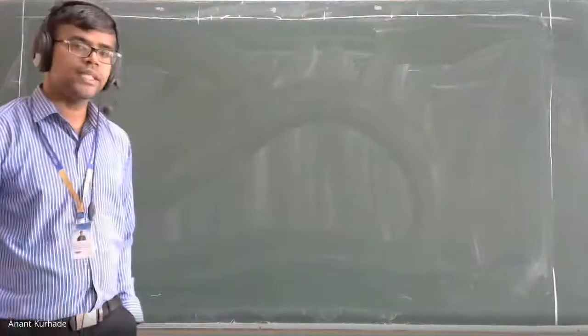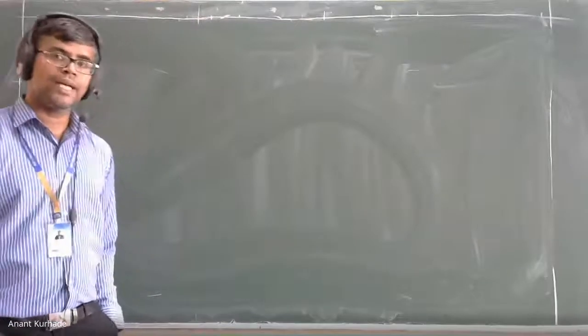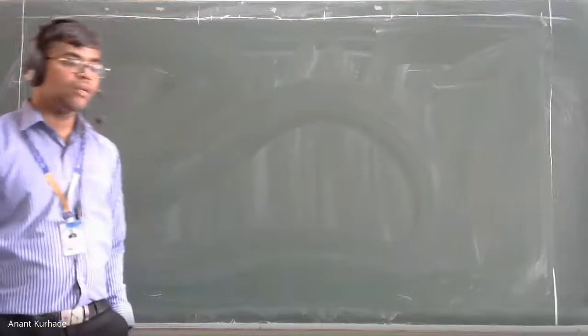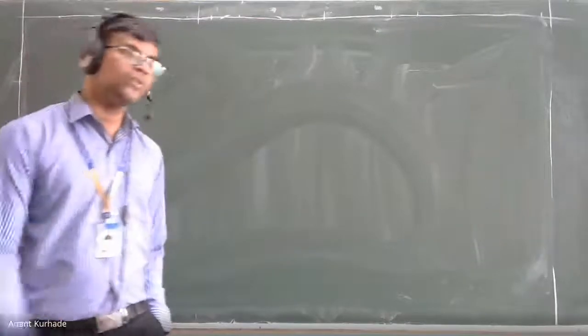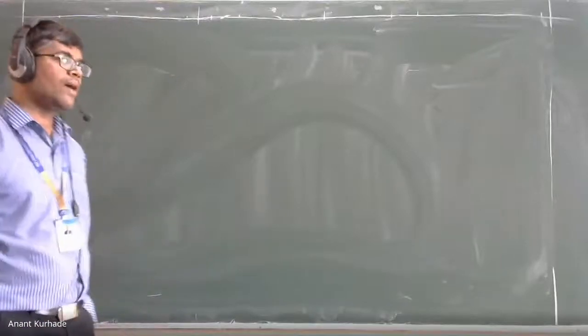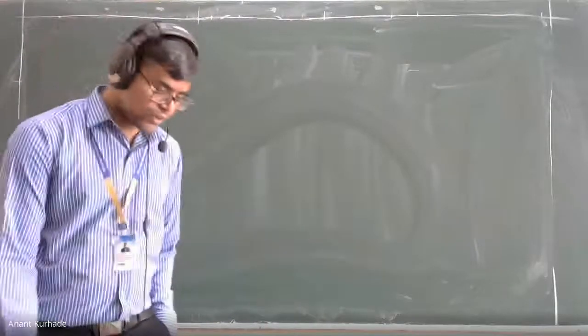Now, in Jacobi's iteration method, while calculating x, use y0, z0. While calculating y, use x0, z0. You do not use the new value. And while calculating z, use x equal to 0 and y equal to 0.